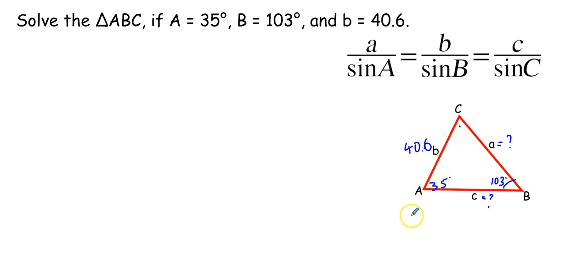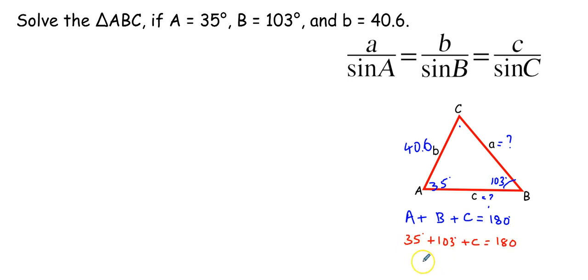We know that in any triangle, the sum of all 3 angles is equal to 180 degrees. That is, angle A plus angle B plus angle C is equal to 180 degrees. The measure of A is 35 degrees plus B is equal to 103 degrees plus C is equal to 180.